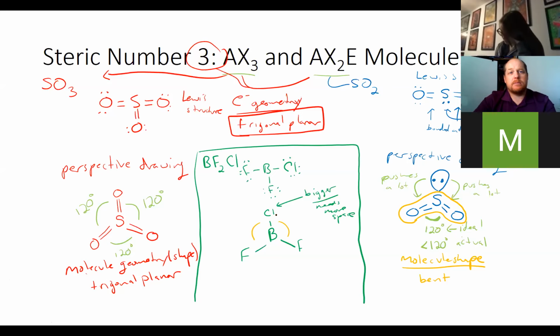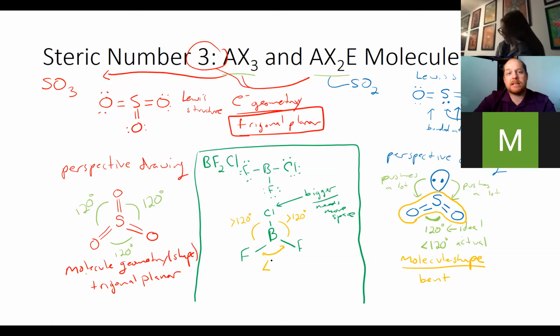And because the chlorine needs more space, it's going to push more on the fluorine atoms, right? And so this is going to give you a bond angle that's greater than 120 degrees in both of those cases, right? The bond angle between the chlorine and the fluorine. And the bond angle between the two fluorine atoms, right?